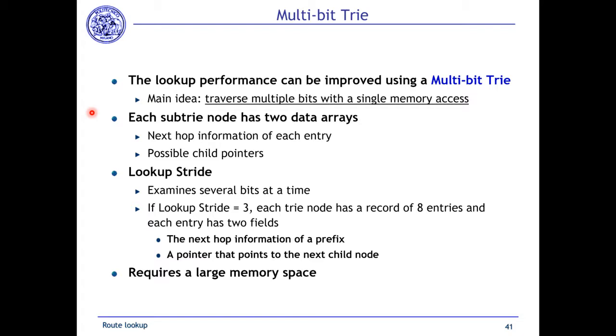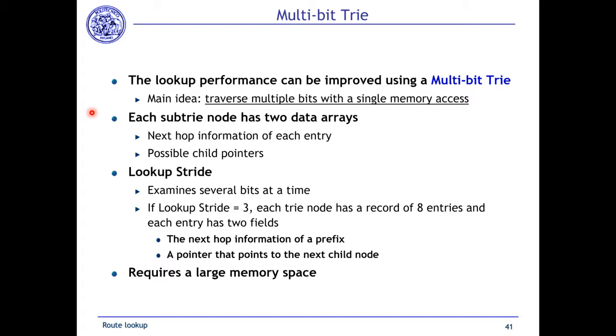And the parameter stride, or lookup stride, is the number of bits that are compressed in a single node. So, for example, if the lookup stride is 3, it means that each node in the trie actually represents a sequence of 3 bits.